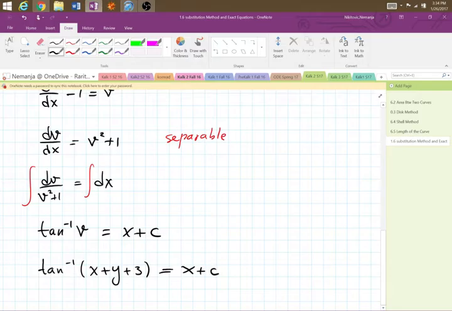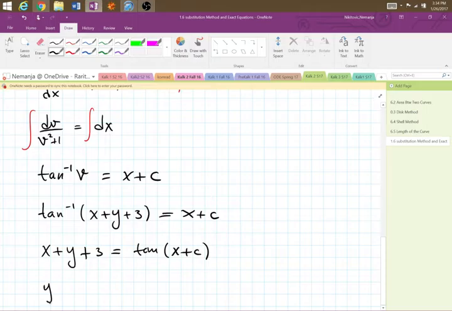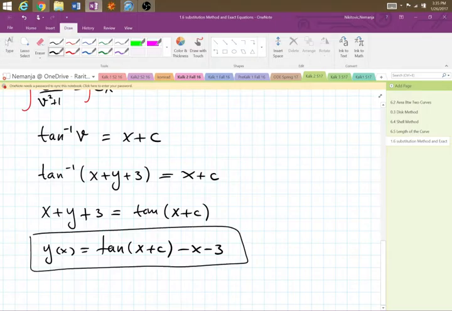And you could take this further because you can apply tangent on both sides, get x plus y plus 3 equals tangent of x plus c, and then subtract x and subtract 3. So y as a function of x would be tangent of x plus c, minus x, minus 3. And this is obviously a general solution, in the sense that you have plus c.